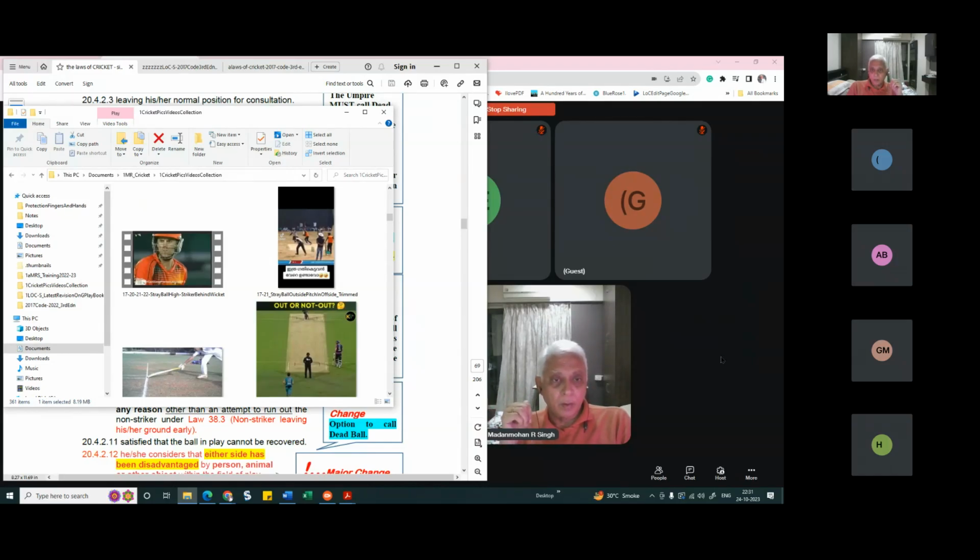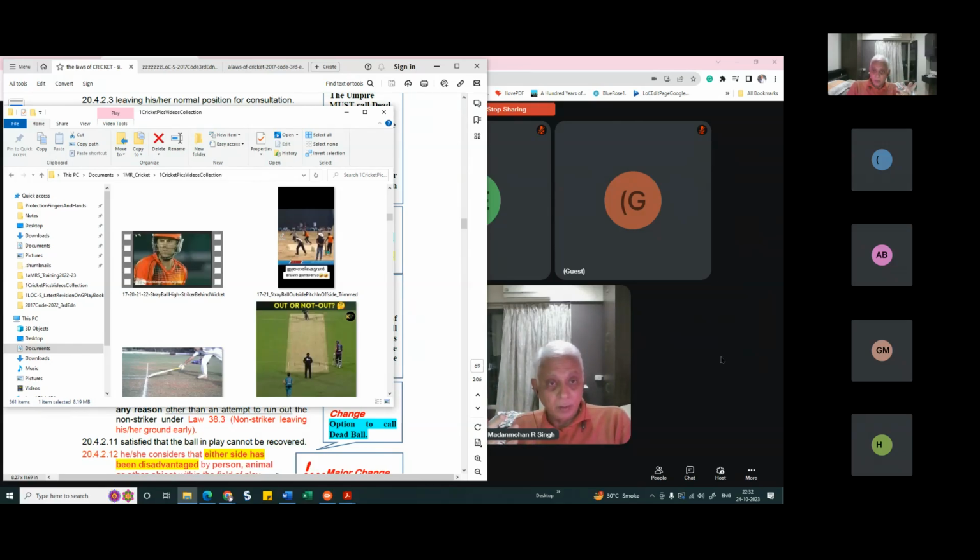There is a specific instruction in time wasting, that when the bowler is ready, you be prepared to play the ball. So you are always free to warn him and take action against him for time wasting. But your recourse does not lie in this law.